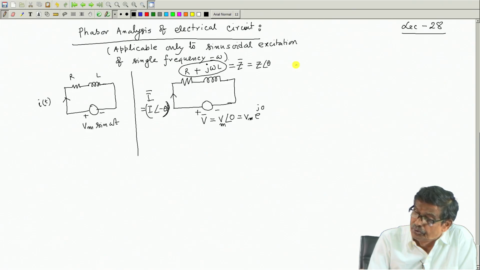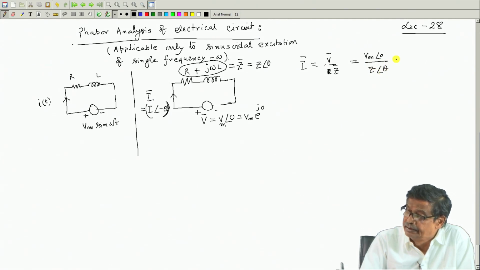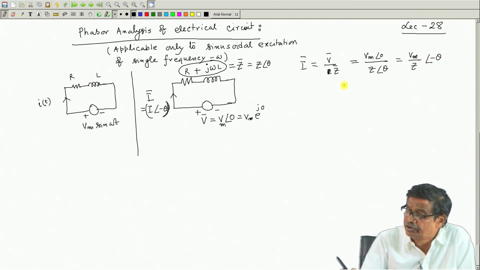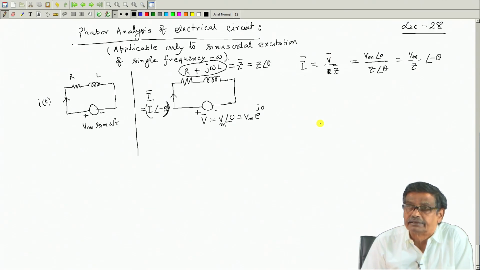And we have shown you that I bar is nothing but V bar by Z bar, no differential equation, and this is V m angle 0 and this is Z angle theta, and it will become equal to V m by Z, magnitude without bar, and angle minus theta, e to the power j 0 in the numerator, below it is e to the power j theta, e to the power j 0 minus theta, that is why minus theta.